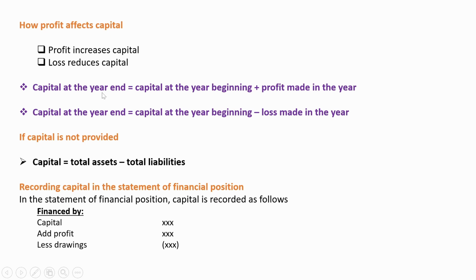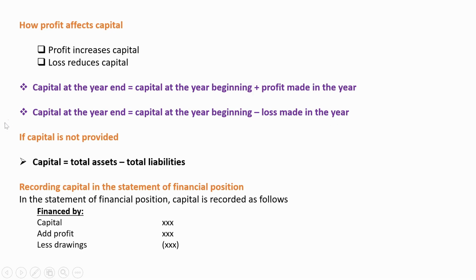So capital at the year end is given by capital at the year beginning plus profit made in the year. But if the business made a loss, then you are going to deduct, because loss reduces capital. Capital at the year end will be given by capital at the year beginning less loss made in the year.